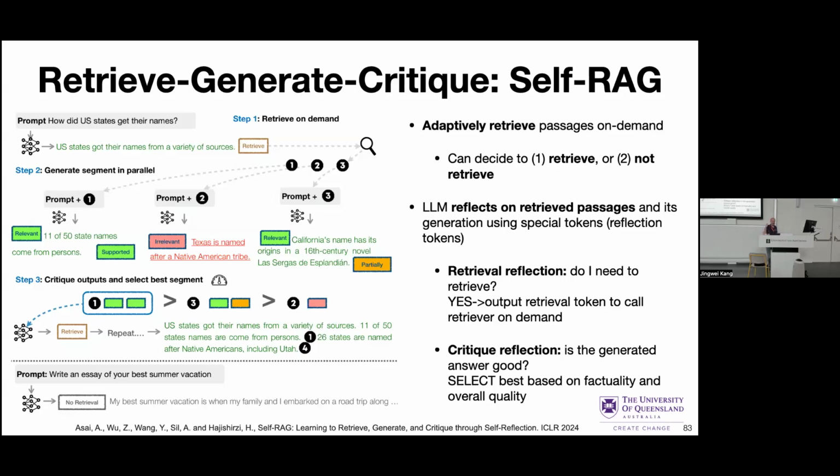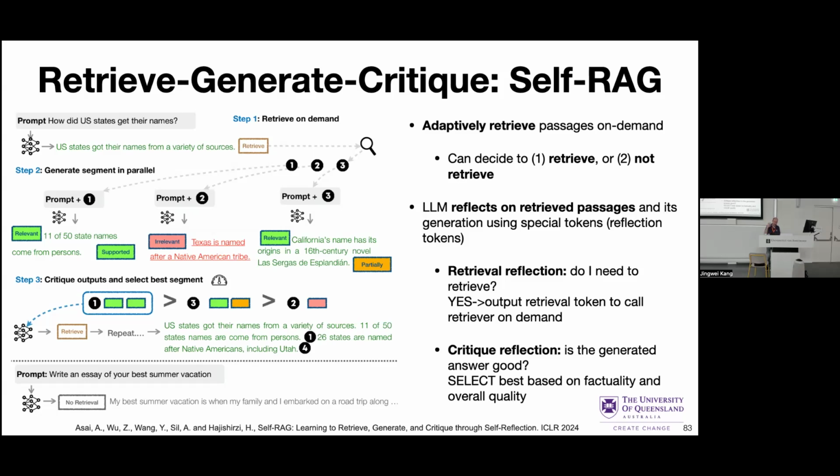And then it has another decision point: if it has issued a query and retrieved passages, then it would reflect on these data. And so it could reflect on the answer that it generates.